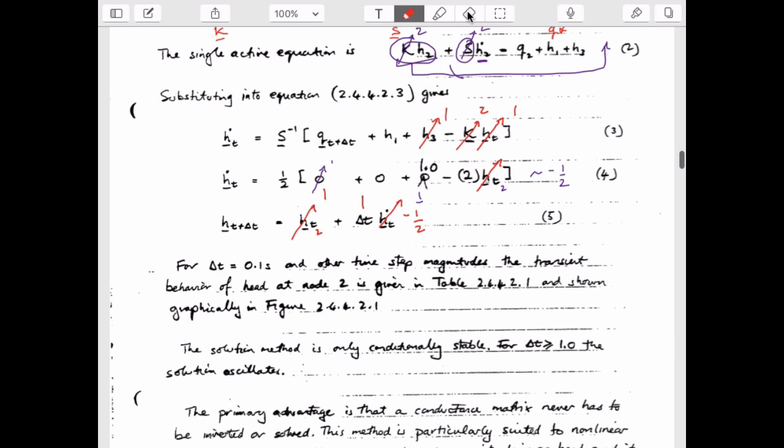So now, I guess this doesn't change. This is still minus a half. But this is now 2. So minus a half times 2 is minus 1. Minus 1 plus 1 is equal to 0.